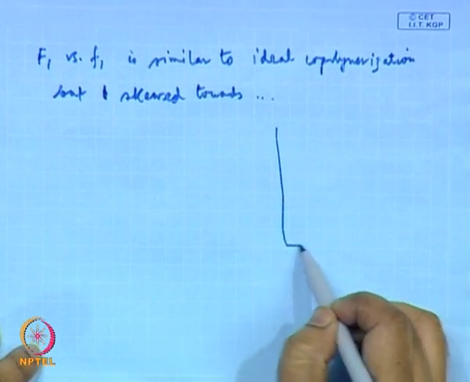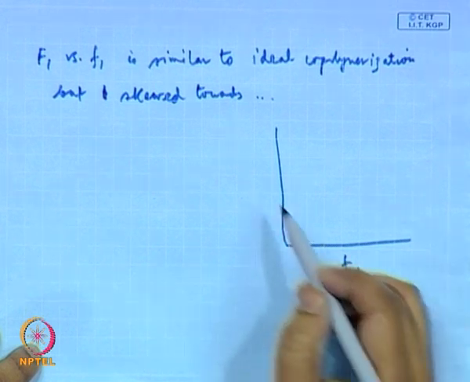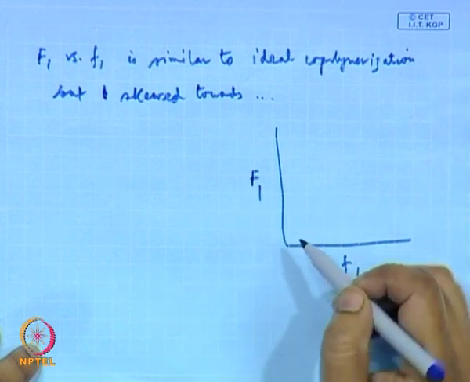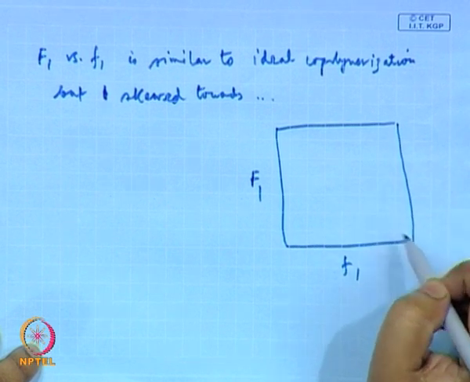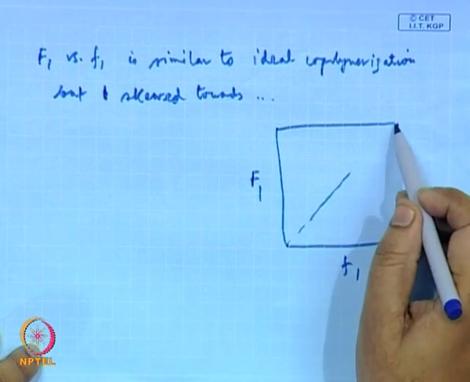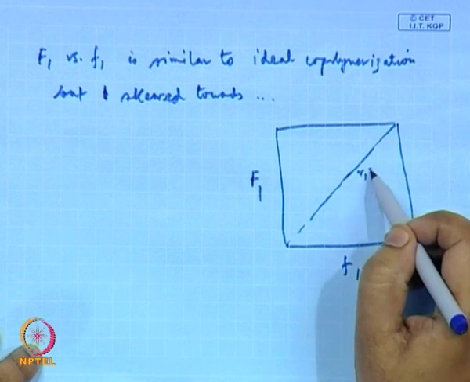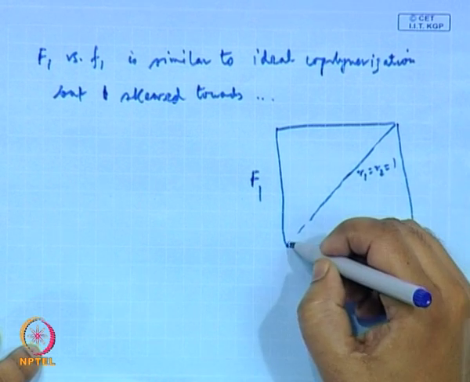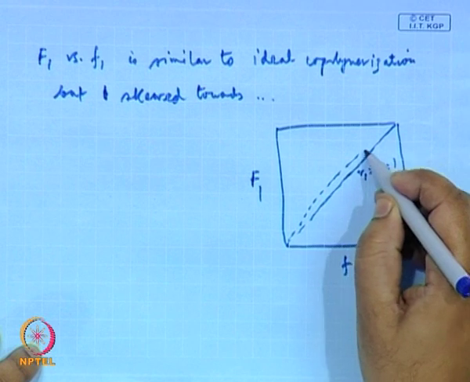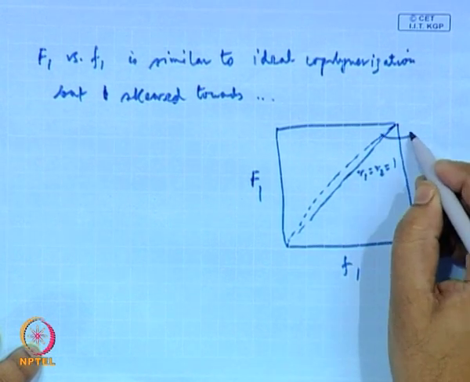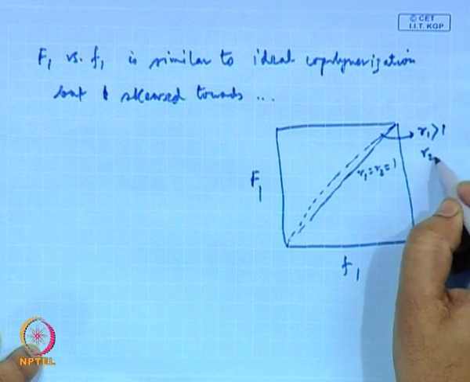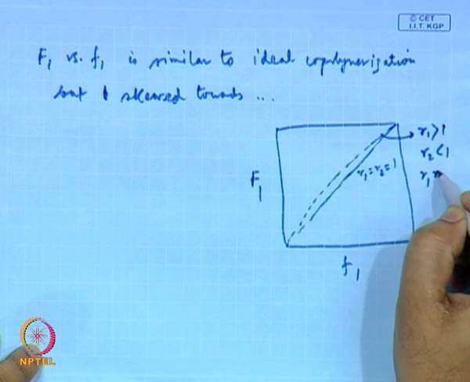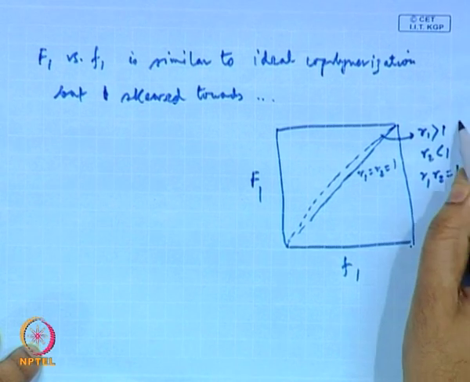If I plot F1 with f1, in the case of ideal we have seen that r1 and r2 are equal to 1, and this is r1 greater than 1, r2 less than 1, but r1 r2 is equal to 1.